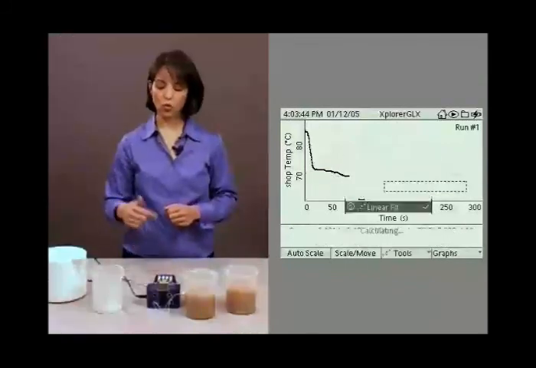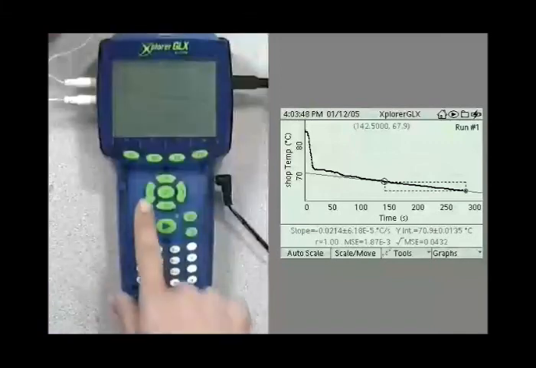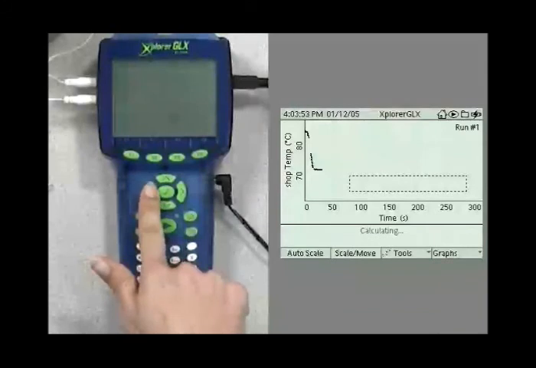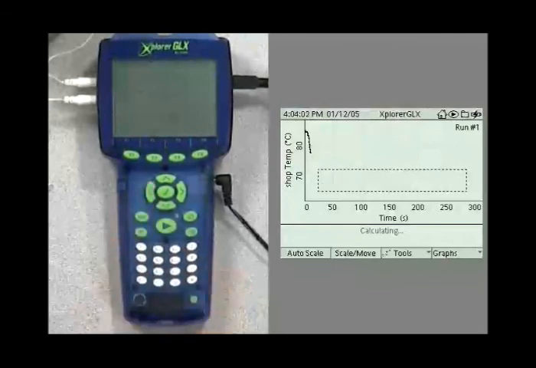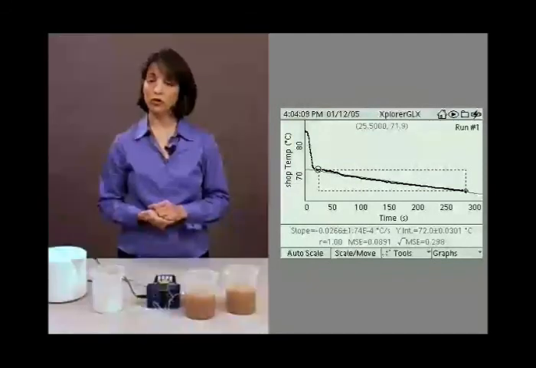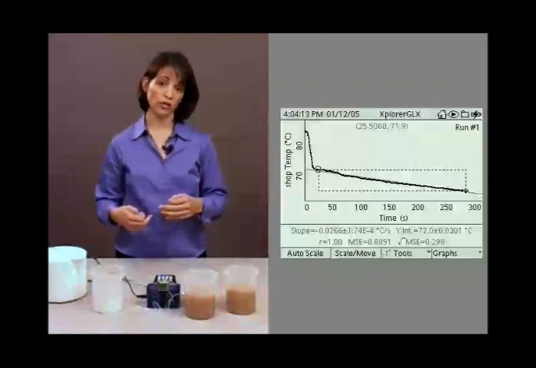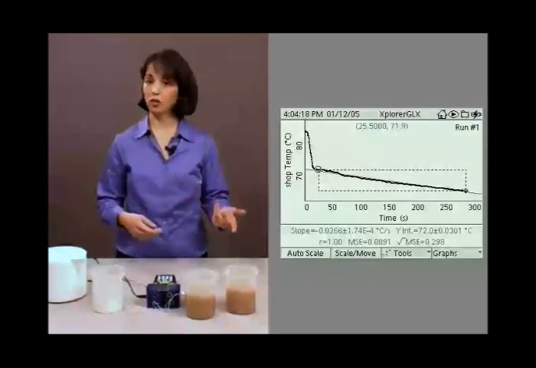What that does is it swaps the cursor from one side of the rectangle to the other side, and now I can move it out to the left and get the approximate slope of that. There we go. Which looks like it has a magnitude of 0.02, which is less than the magnitude of the slope of our other line, which shows us that it cooled at a slower rate than the coffee alone cooled.